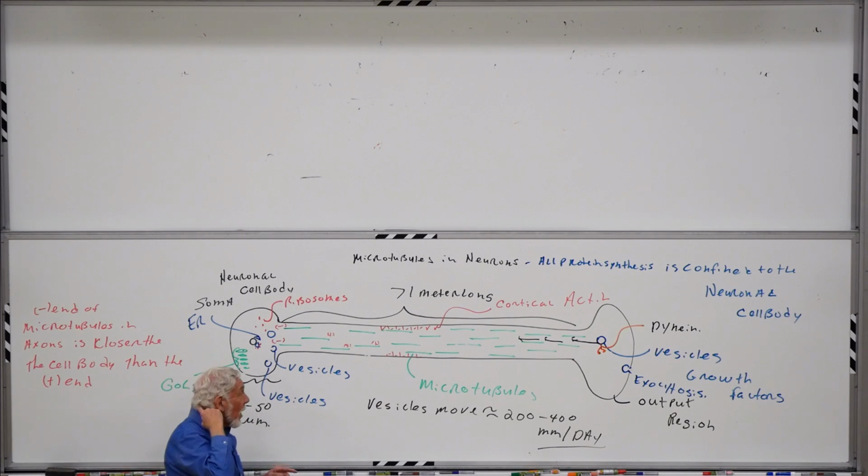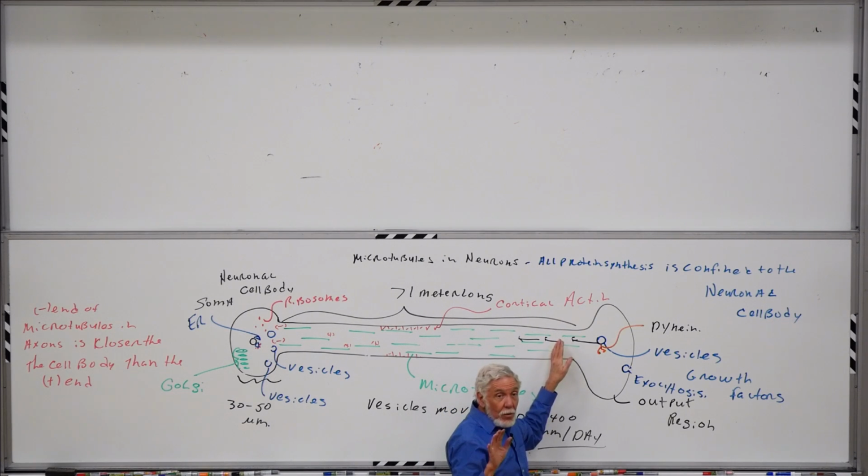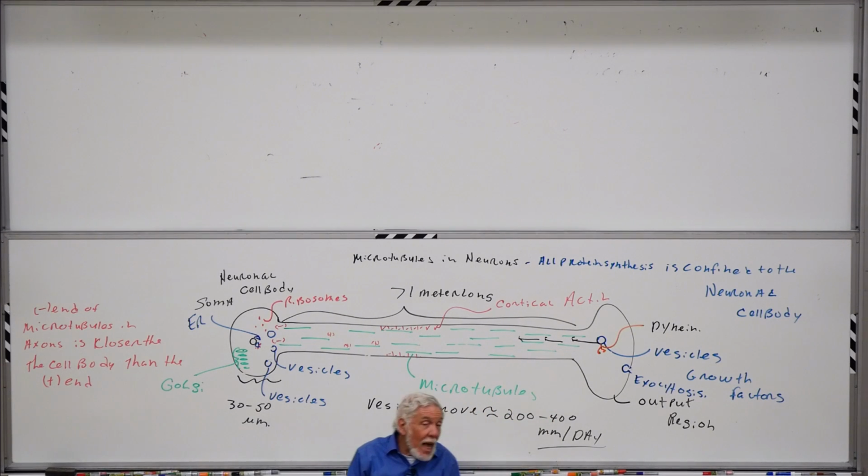Okay, so part of the question here is about the disassembly of the microtubules. We're not going to disassemble them here. Once these microtubules are generated and they're in the cytoplasm, they're stable. They don't come apart. So we're not going to worry about the story of assembly and disassembly here. That becomes really important during cell division.